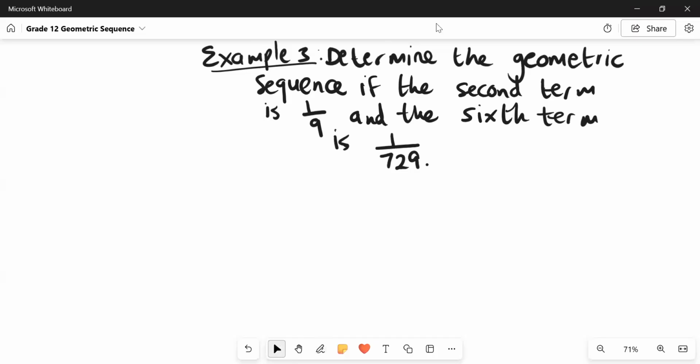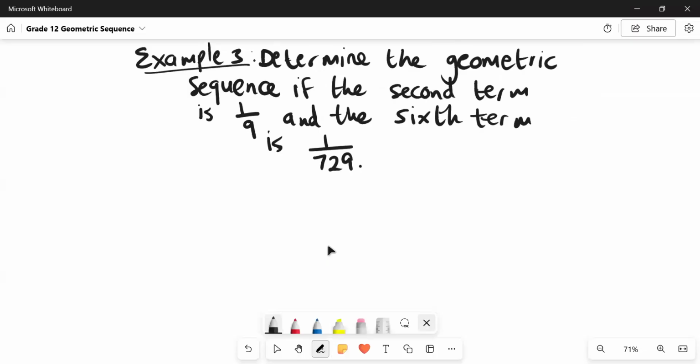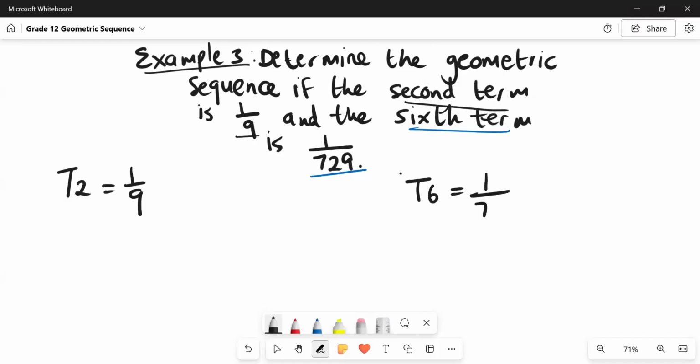Okay, so for this kind of question, we have to use the geometric terms, how to express them first, right? We have to create the equation. Second term is equal to 1 over 9, so T2 is equal to 1 over 9. And the sixth term is equal to 1 over 729, so T6 is equal to 1 over 729.